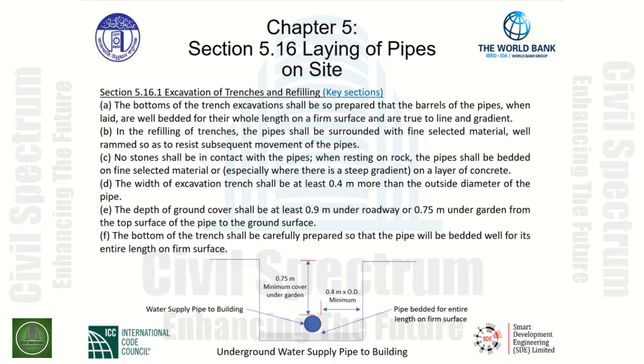That would be our minimum side distance measured from the pipe to the side wall of the trench on both sides of the trench. And finally, the minimum cover shown here below a garden would be 0.75 meters would be our minimum cover from the garden surface to the top of the pipe.